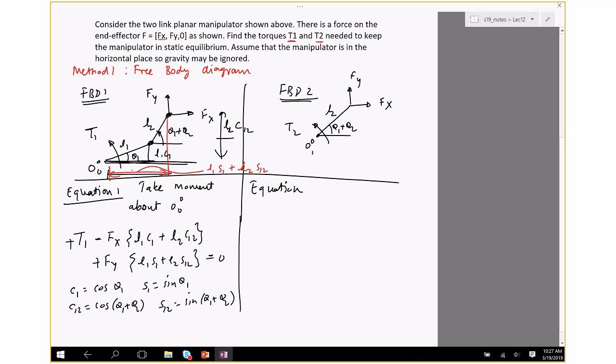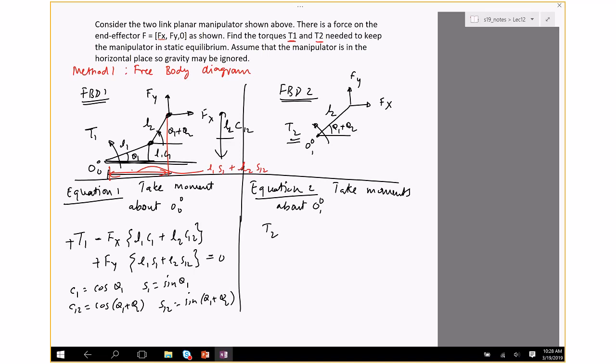If I want to find T2, by equation 2, I'll take moments about O. So T2 is counterclockwise, so positive sign. Fx is going to induce a clockwise torque. You think of how the manipulator will move: if only Fx is acting, it's going to be clockwise.